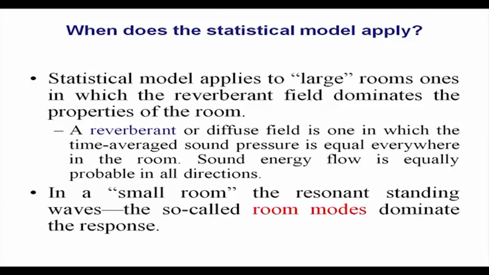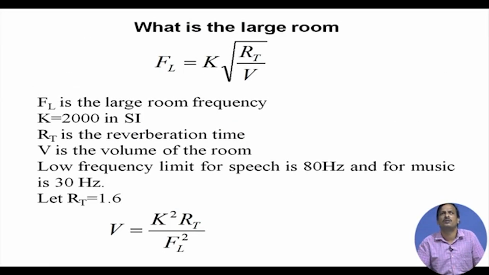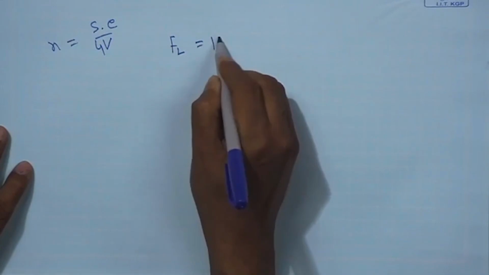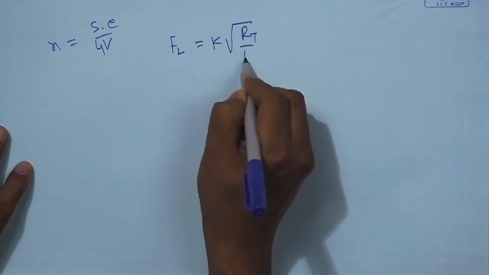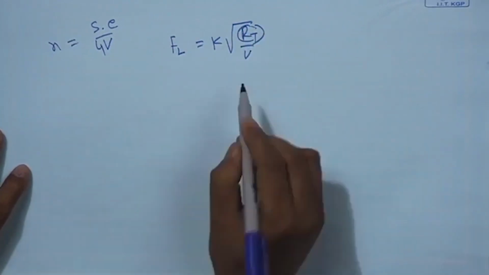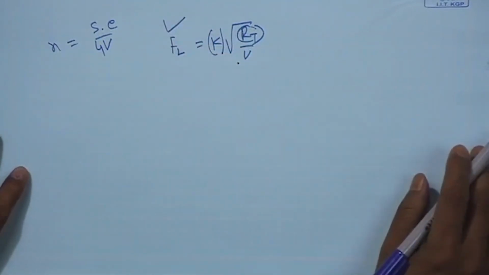Now, how much volume is required to support a large room, or what is a large room? The large room equation is: if FL is the large room frequency, FL is equal to K into the square root of RT divided by V, where RT is the reverberation time, RT60, V is the volume of the room, and K is a constant. Suppose I want to design an auditorium using large room acoustics, a reverberant field.